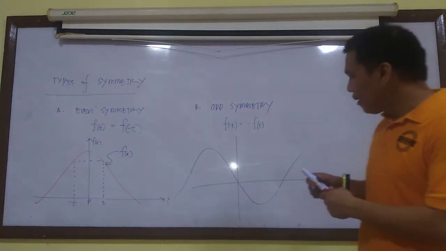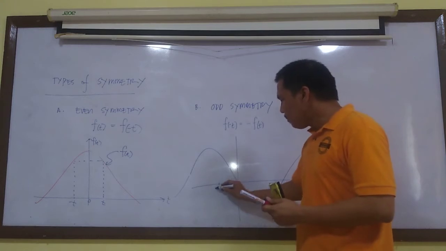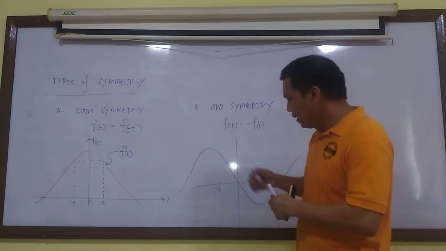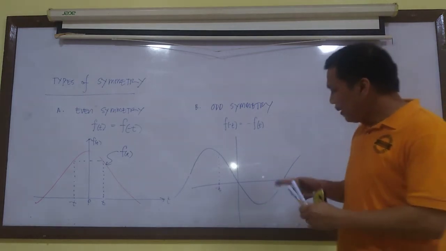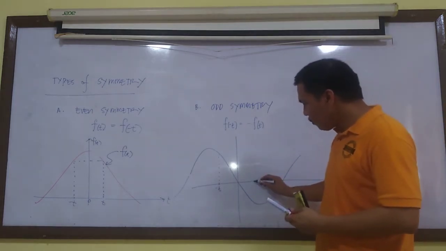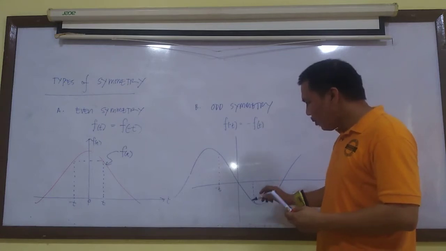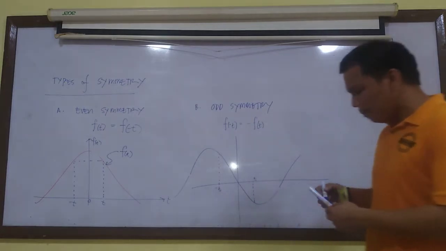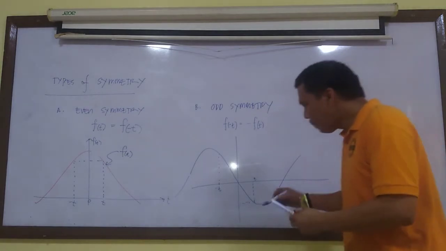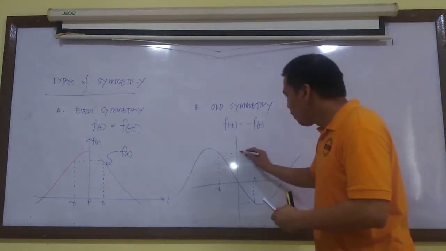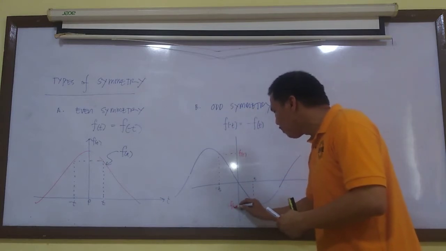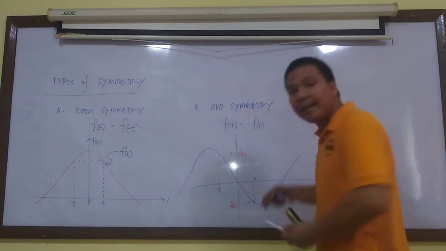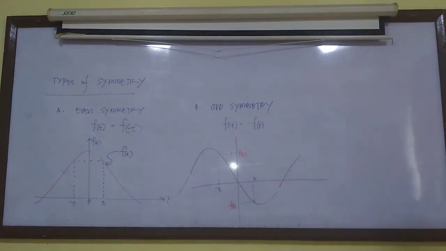It means that when the time is negative, let's say this is negative t, the value here will be the negative of the value that we get at that point where t is positive. So the value here is positive f of t, and the value here is negative f of t. But definitely they are numerically equal. That is how you emphasize the odd symmetry.